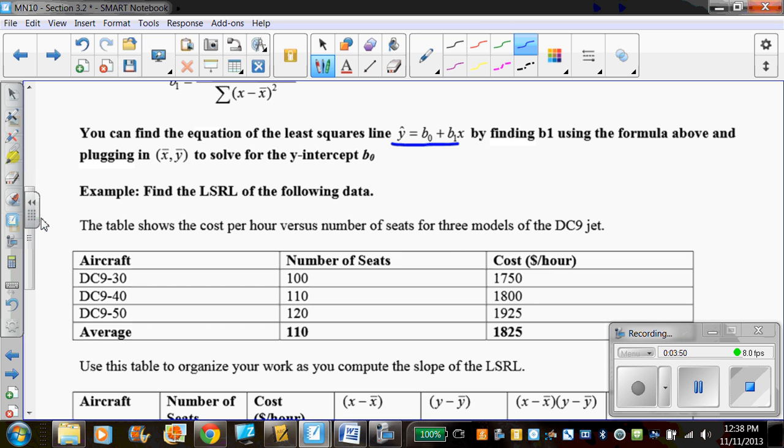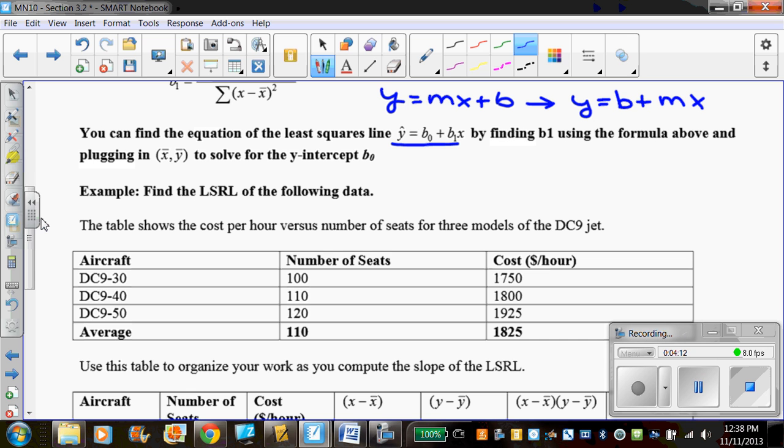I want to point something out. In all of your math classes, we've always written it as mx plus b. In statistics, for whatever reason, we feel a strong urge to flip the order of that, and we tend to write it as y equals b plus mx. And there is a rationale behind it, but I'll leave that for another day.